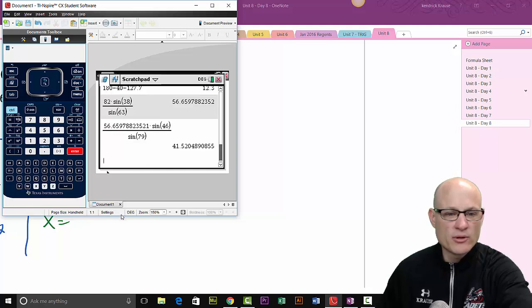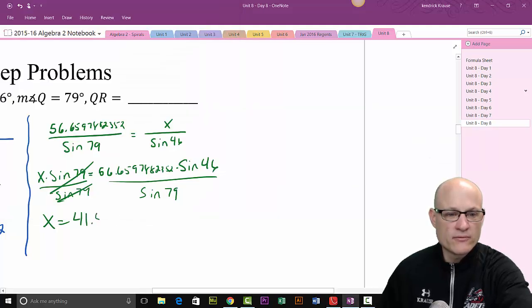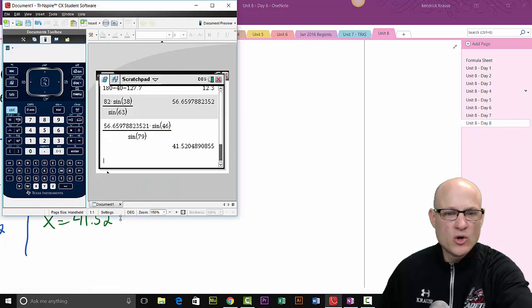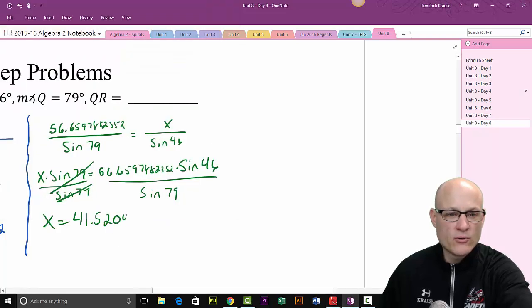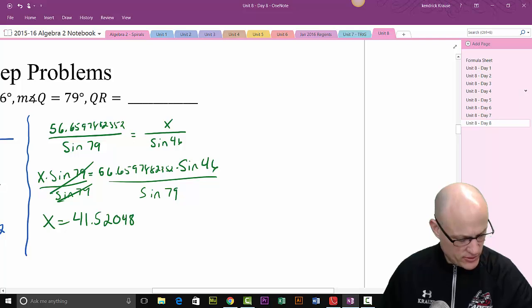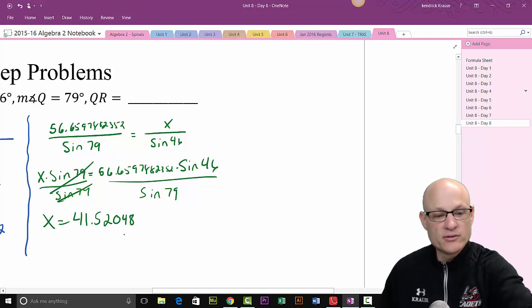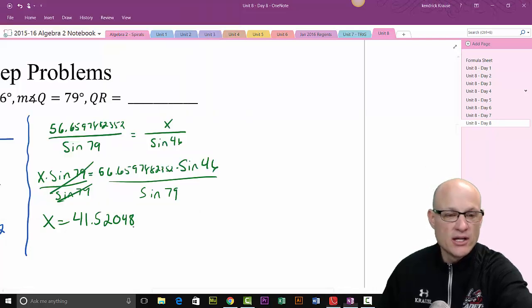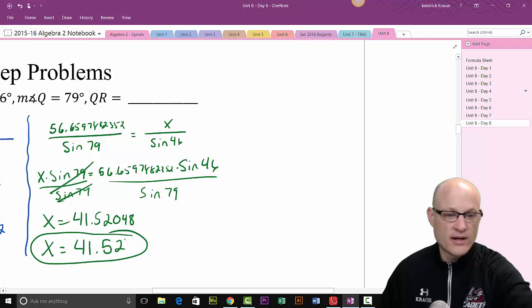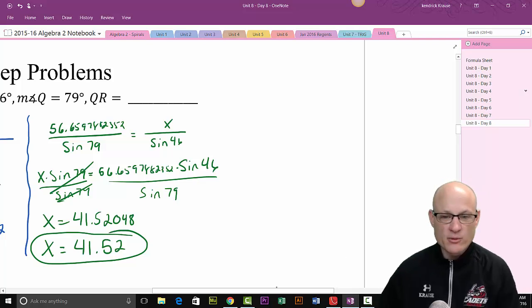And I get 41.52048. Probably enough. It says round to. If it doesn't say round, 6 decimals it is. Let's say, for all intents and purposes for this paper, if it doesn't say, we round to the hundredths place. So there it is, 41.52.